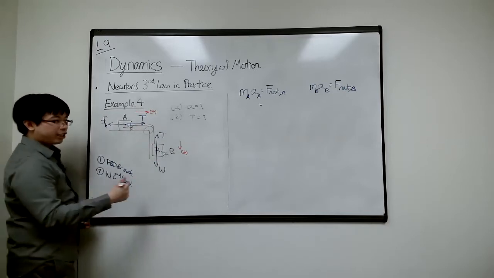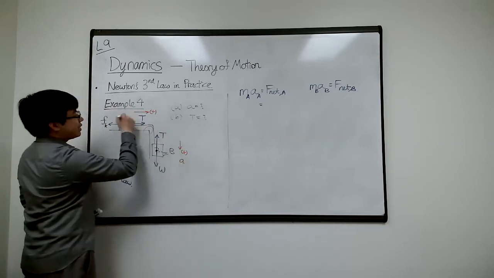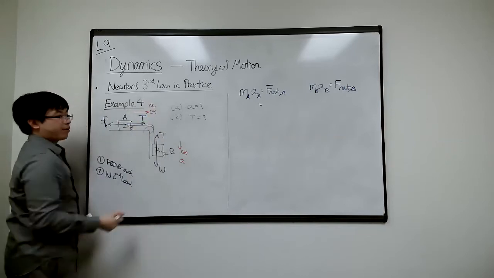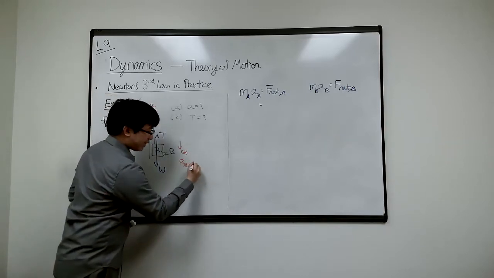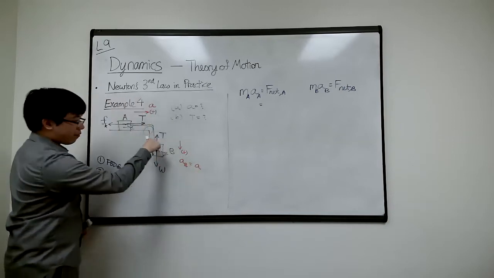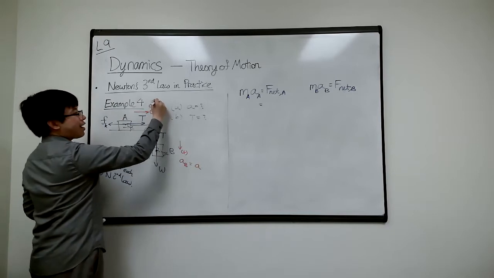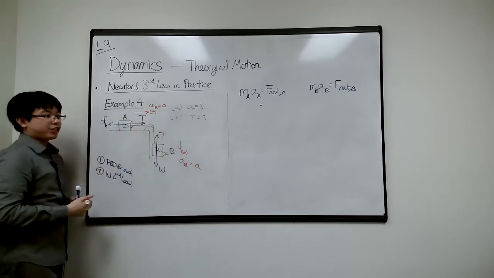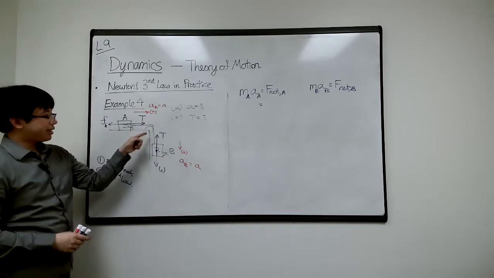So the acceleration, I'm going to call this a, and this guy is also going to accelerate with a, okay? So what I'm really saying is the acceleration of B is positive a in this direction, and the acceleration of A is positive a in this direction, right? So now you should be able to convince yourself the magnitudes are the same because the rope is inextensible.